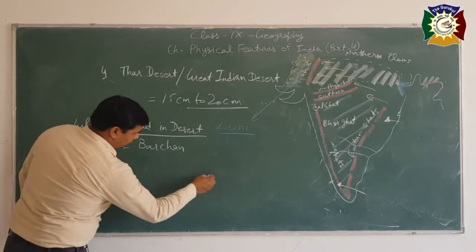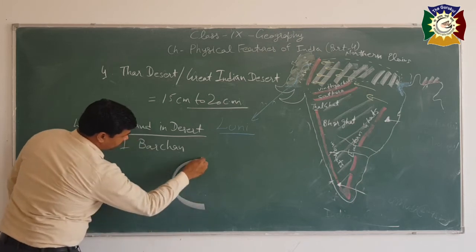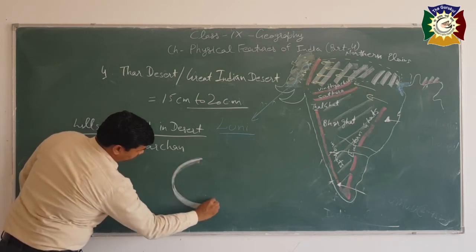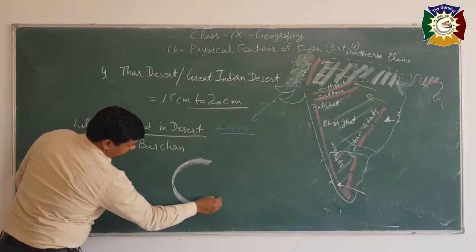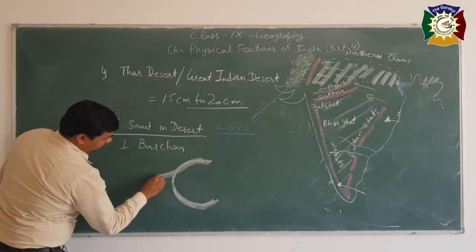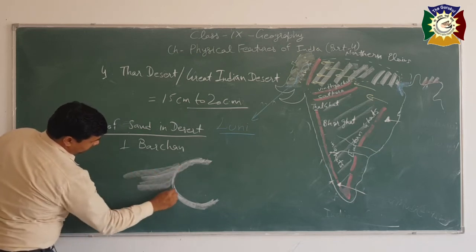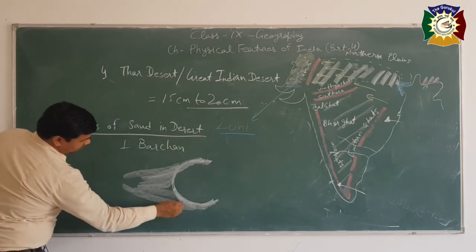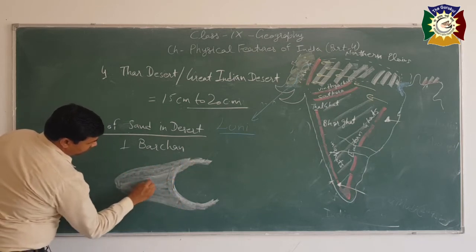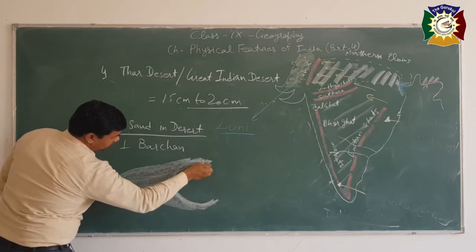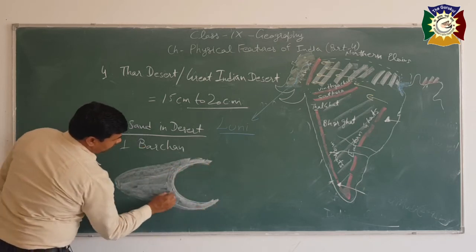The crescent shape sand dunes are known as Barchan in the local language of the people who live in Rajasthan.